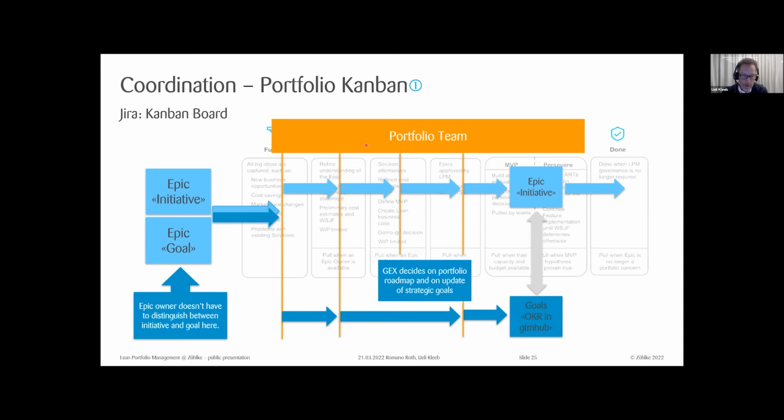And the portfolio team is 5 people, and our group CEO is part of this portfolio team. Most of the meetings he's in, and so we can also make quite quick decisions and help you swiftly if you have an idea, or if we believe it's time.